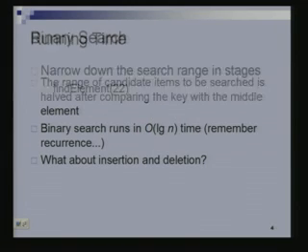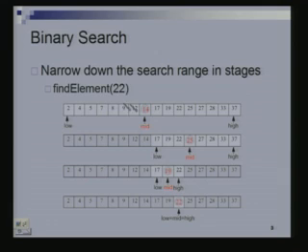So, you remember binary search. To search for 22, you would go to the middle element, 22 is larger, you will go to the right, 25 is smaller, you will go to the left, and so on, and in that manner you will eventually end up with the array location which has 22, or an array location which does not have 22.